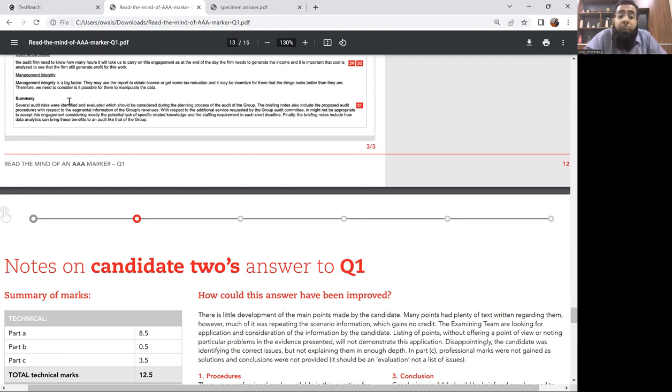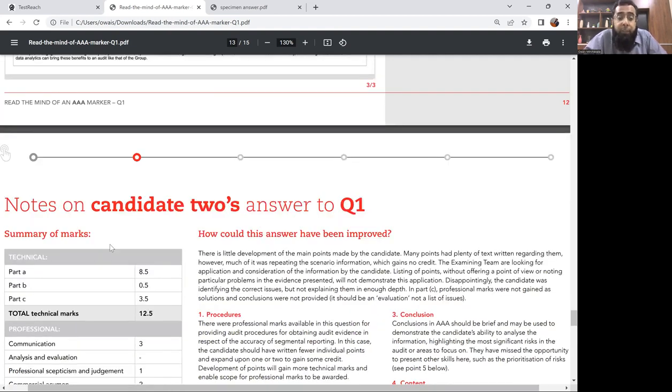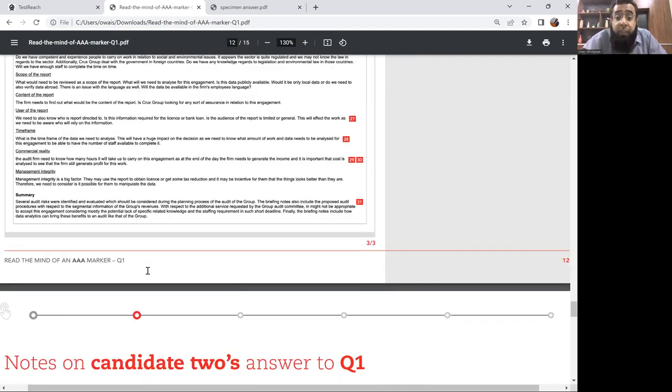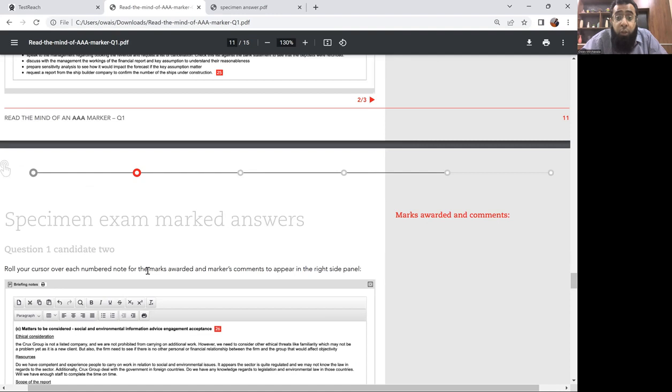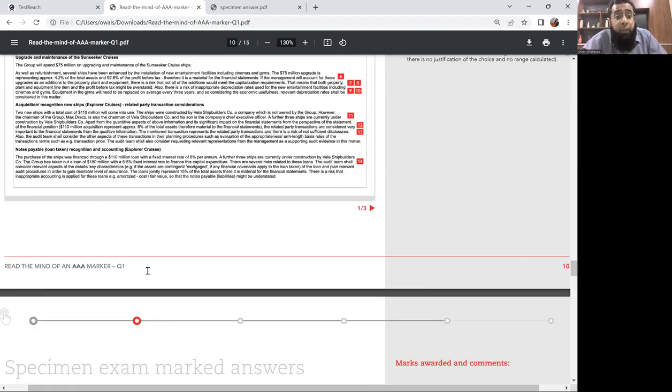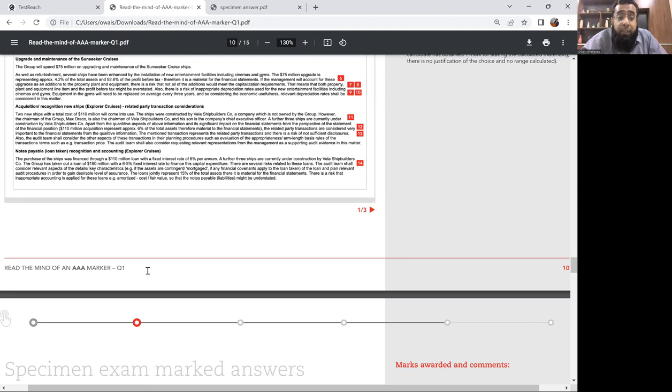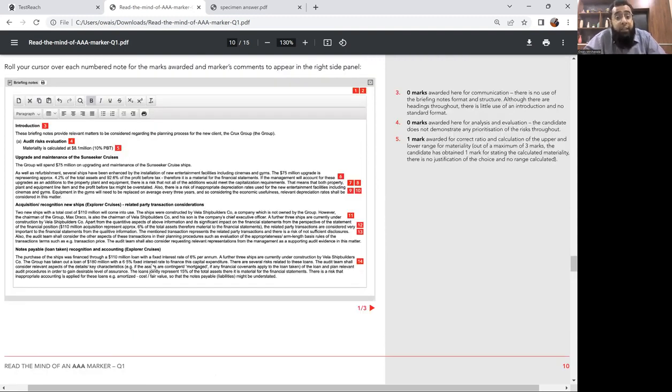He got only 8.5 marks out of 25. Okay, so why he got very less marks, whereas candidate 1 got 21.5 marks. So what was the difference in the audit risk writing of both of the students? Now let's look at the answer script of candidate 2 for audit risk and try and identify the mistakes which we should avoid in the exam. Okay, so let's look at it.